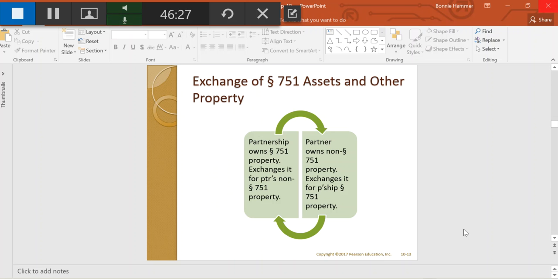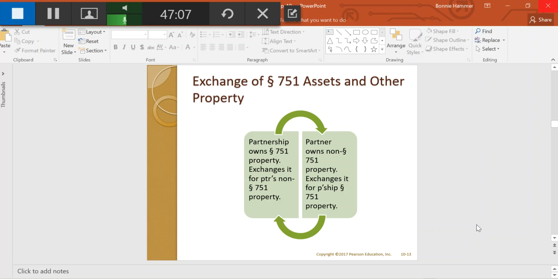If you have a situation where the partnership owns both 751 property and non-Section 751 property, and they make a distribution of either the 751 property or of non-Section 751 property, like cash, then you need to go through a step-by-step procedure to determine what the tax consequences are going to be of that distribution. And that's what this pictorial is trying to show you.